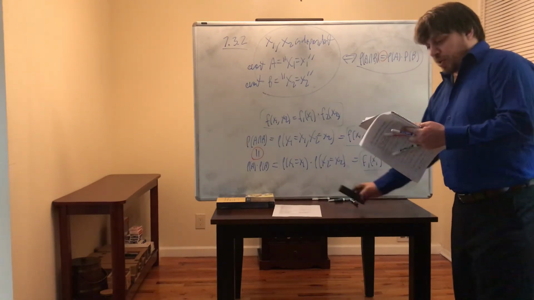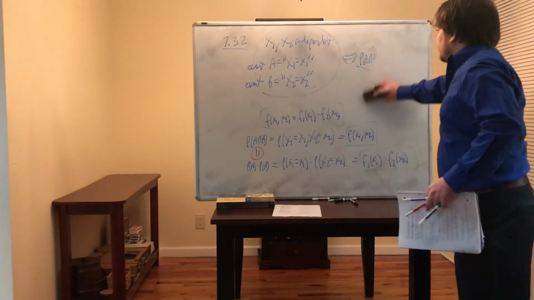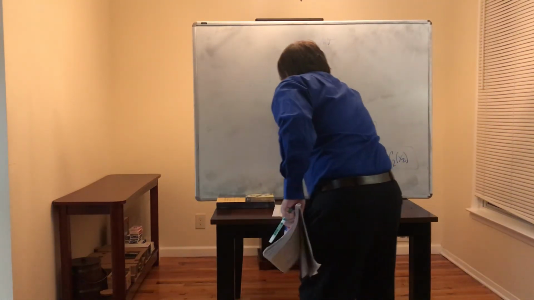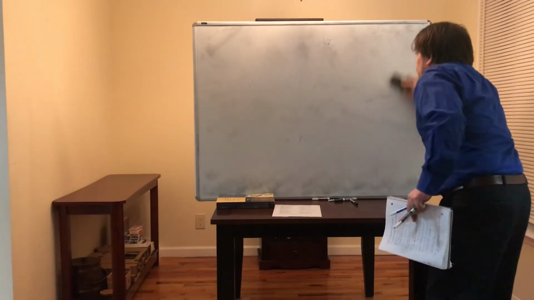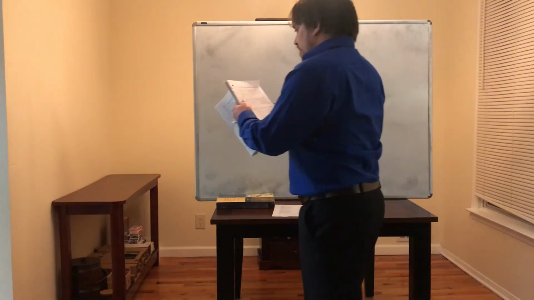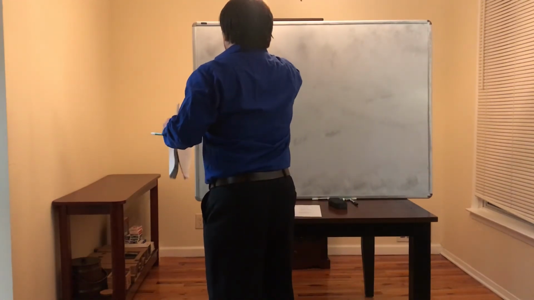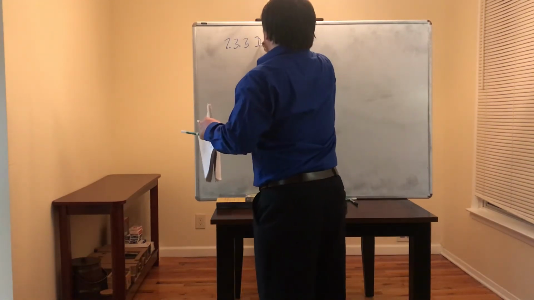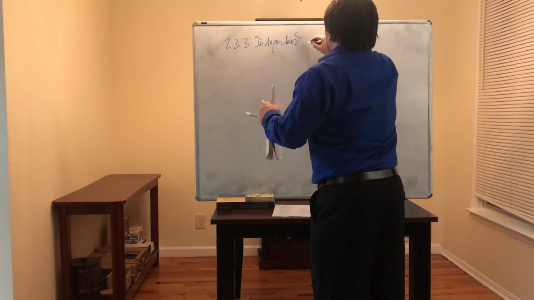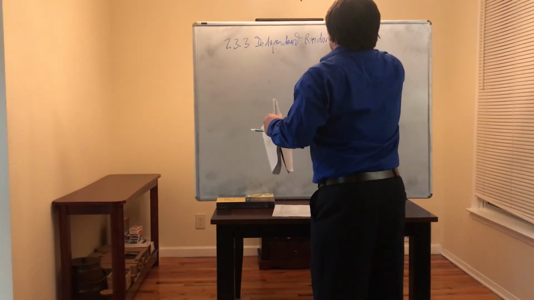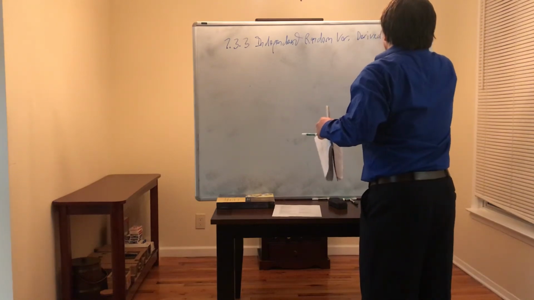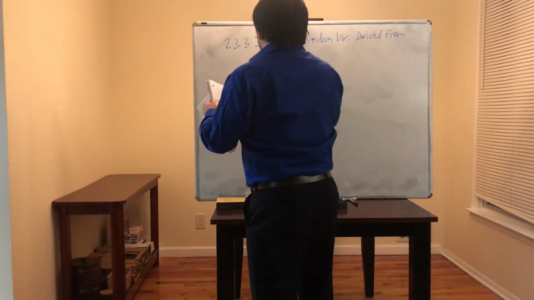And so our final part of this last section. Okay, and so now 7.3.3 is independent random variables derived from independent experiments.